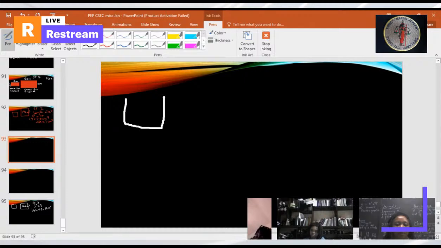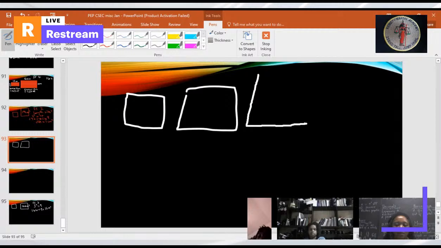So we have 3 squares this time. We're pretending that they are squares. Okay, guys? Yes, miss. So let's just use our imagination here.